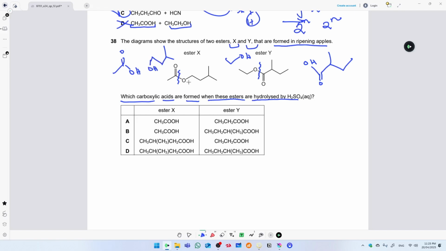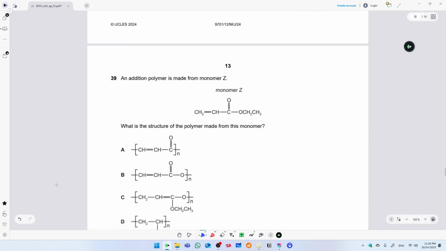Okay, so let's look at it. Ester X, the carboxylic acid is going to be ethanoic acid, so it's A or B. C and D are wrong. Ester Y, the carboxylic acid is going to be CH3, CH2, CH3 branched, so B is correct. A doesn't have the branch, it's missing the branch, so A is wrong, B is the answer.